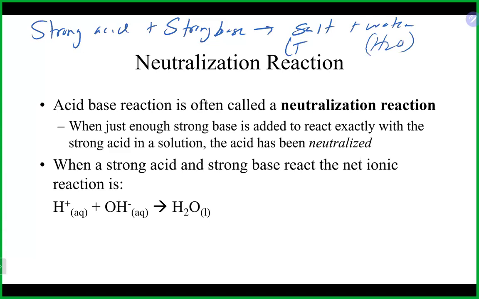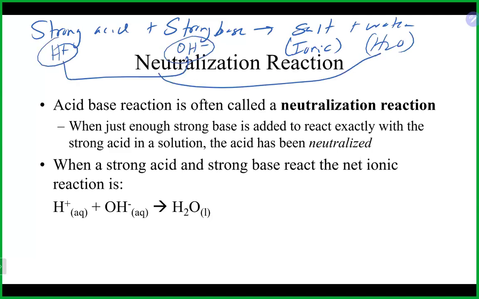A salt's an ionic compound. And remember, this type of reaction is a double displacement. The H plus from the acid and the OH minus from the base is what comes together to make the water. So if you had something like hydrochloric acid, like you did in that titration, plus some sodium hydroxide, that is a strong acid and strong base.